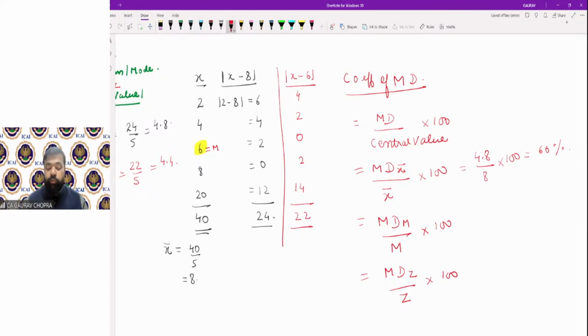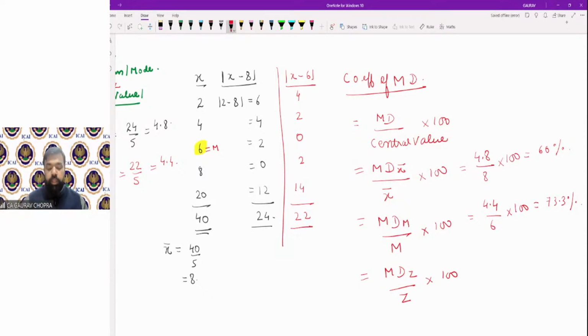So mean deviation from median: mean deviation is 4.4, median is 6, and then multiply by 100. So now you can calculate the percentage. What's the percentage? 73.3%.